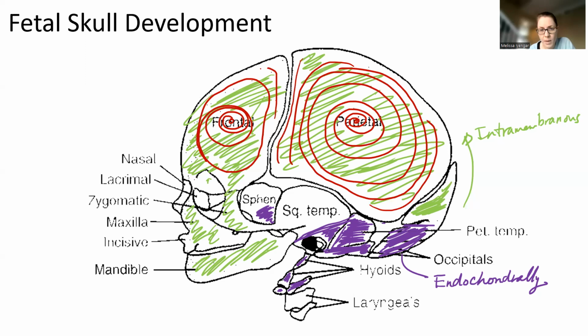The area where membrane is still located ends up becoming the fontanelles. So there will still be membrane between these two bones. That fontanelle is still where the membrane is because it hasn't become bone yet.